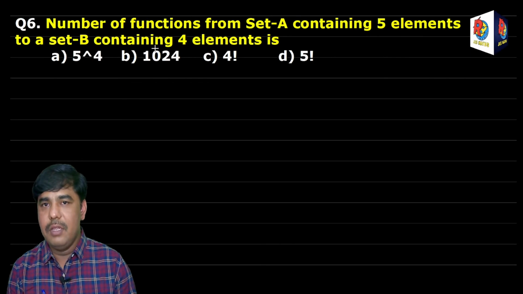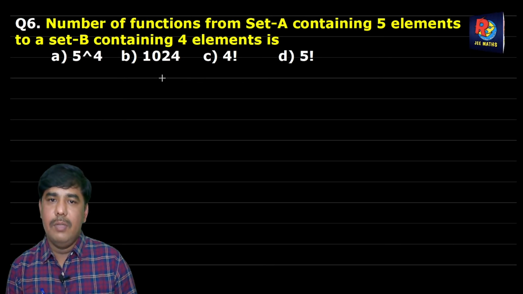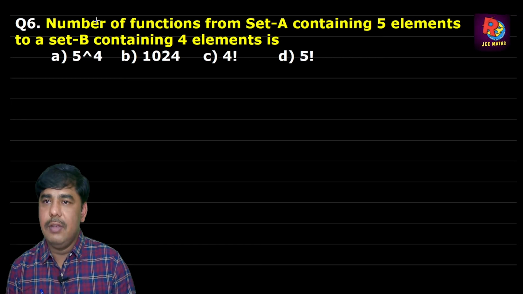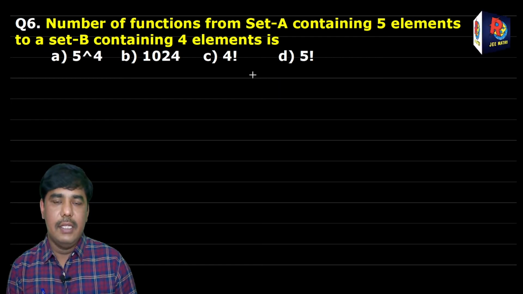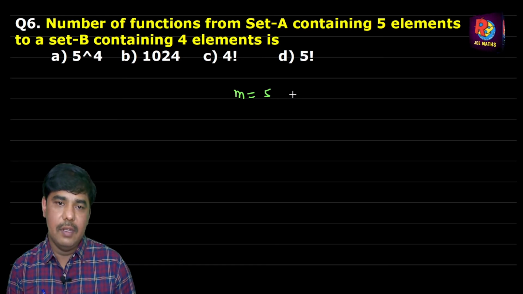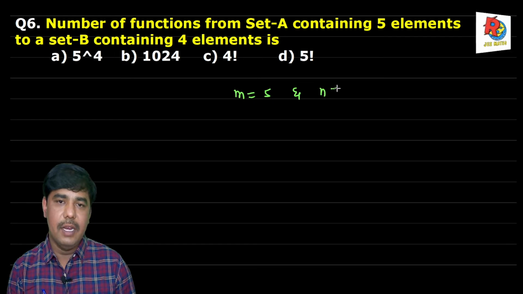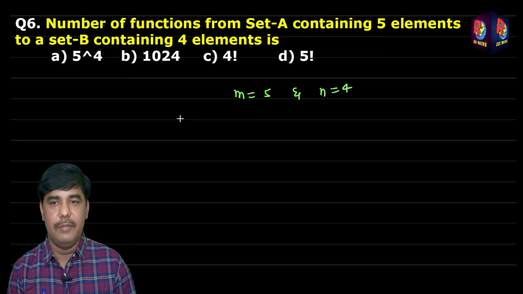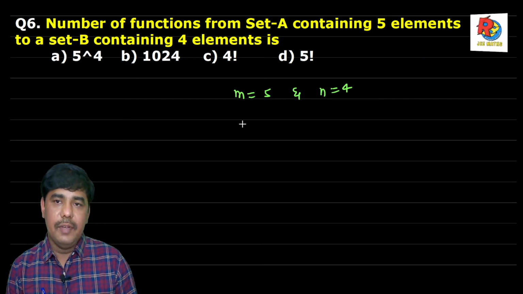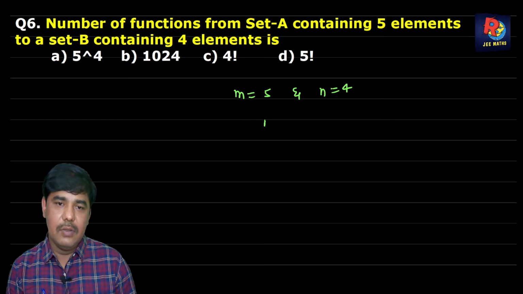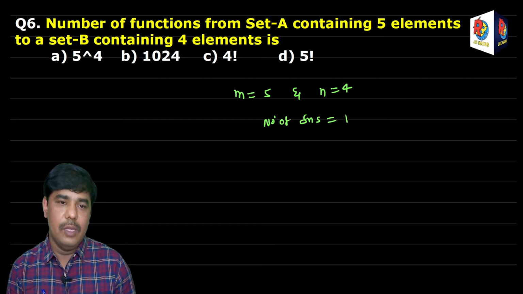Just you can observe this. Here you need to observe the one example we will discuss. Here set A means m equal to 5 elements and set B containing 4 elements, that means n equal to 4 elements is given. So the required number of functions equals n power m.